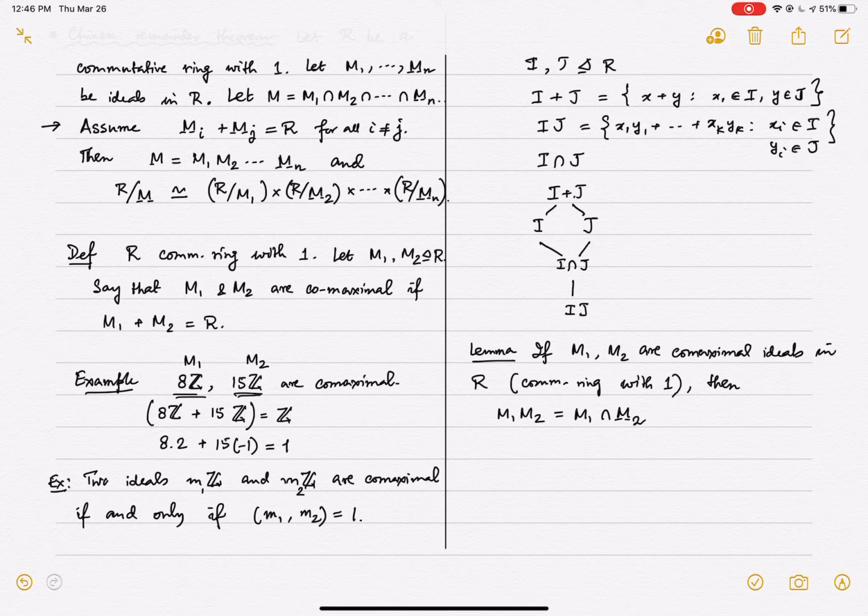By the way, if they're not comaximal, you can see that the product and the intersection are sometimes different. I'd leave you to find an example like that.